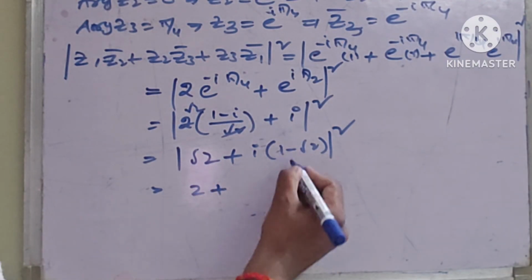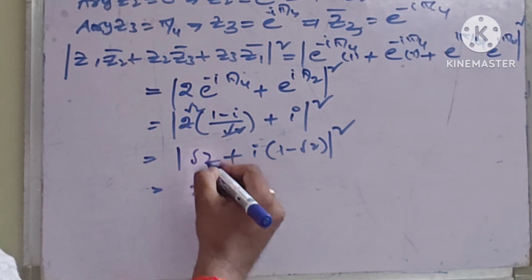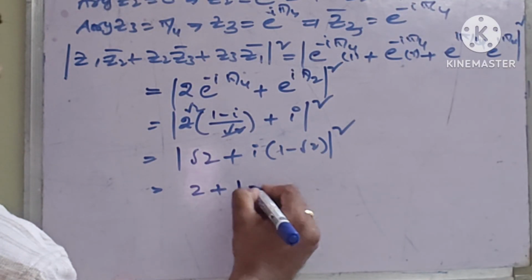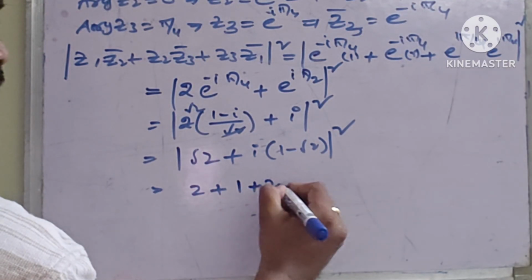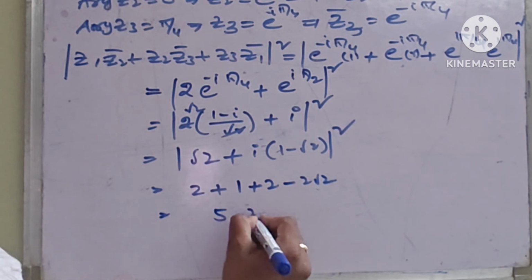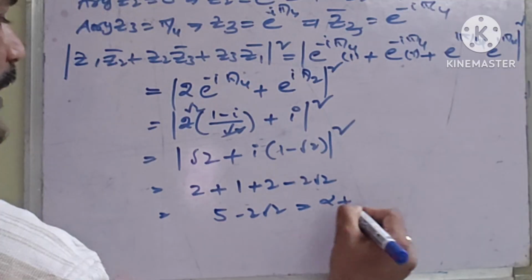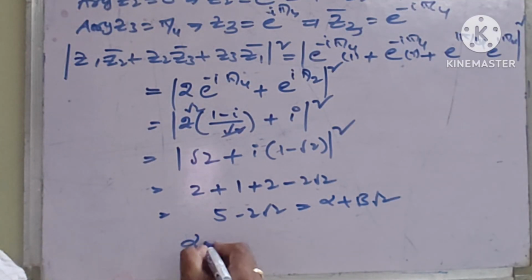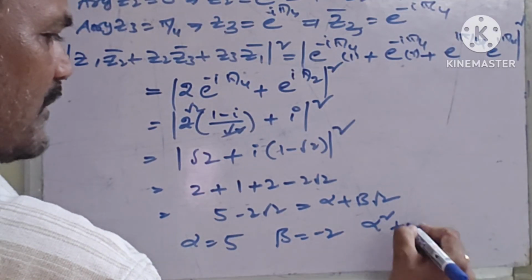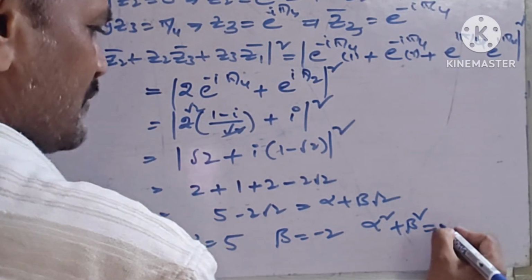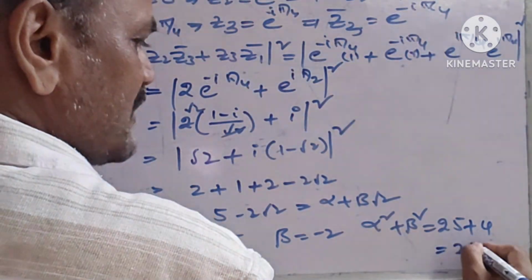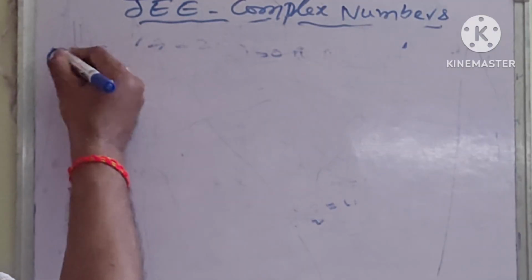Root 2 square is 2, 1 minus root 2 whole square is equal to 1 plus 2 minus 2 root 2. So here 5 minus 2 root 2. This is alpha plus beta root 2, where alpha is equal to 5, beta is equal to minus 2. So find the value of alpha square plus beta square. 5 square is 25, minus 2 square is 4. The answer is 29.